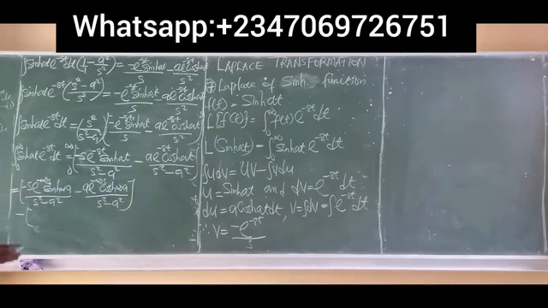So we start afresh. This is minus s e to the power of minus st, but t now is 0, so 0 times s is 0 and 0 times minus is 0.